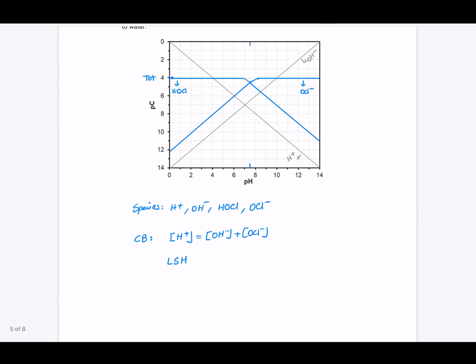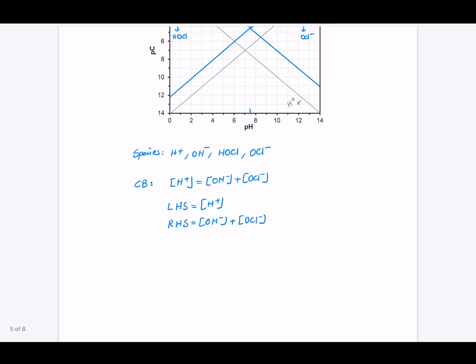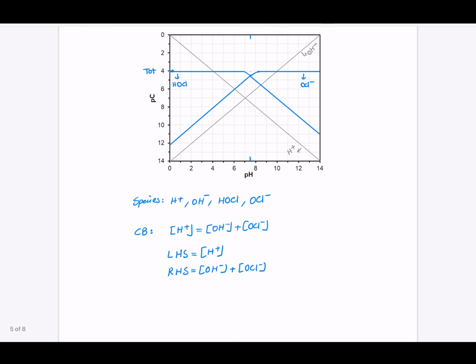So the left-hand side is equal to H plus. The right-hand side is equal to the combination of two lines, and as we talked, the line that is at the bigger value, which in this representation of the graph is the higher value.